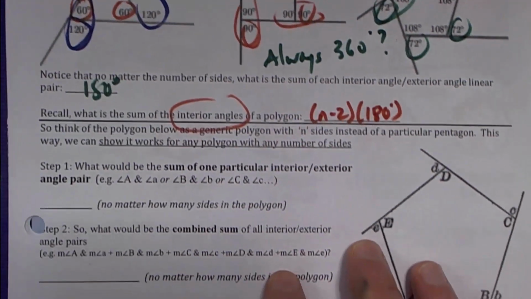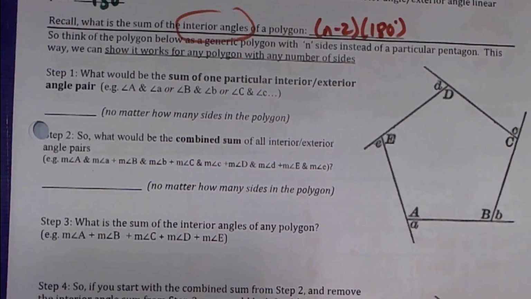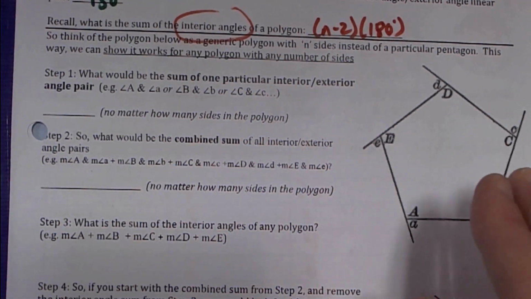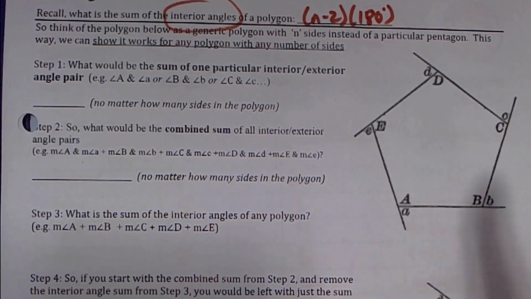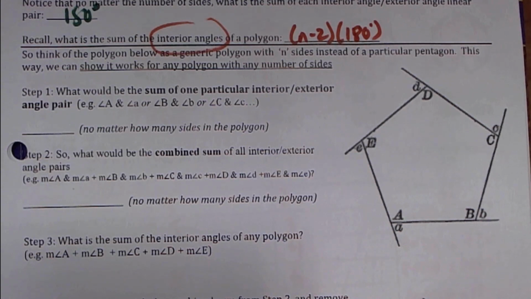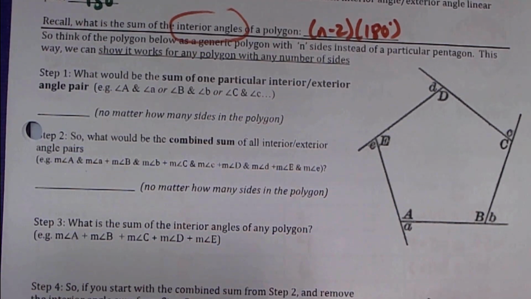Okay. So to prove why the exterior angles is always 360, we're going to just use a generic polygon. So, I mean, it's a pentagon, but just pretend it really could stand for anything. We're just using letters, no numbers. And so let's prove, why does the exterior angles have to be 360, right?